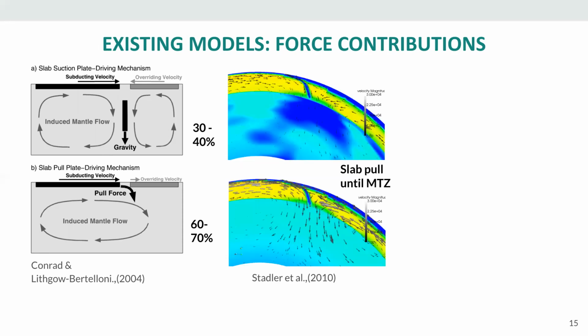But another study by Stadler in 2010 suggests that the lower mantle doesn't play as much of a role, and most of the surface plate motions can be explained by just using slab pull at the mantle transition zone. The reasoning is that the model near the surface is better than the global tomography model, because global tomography models are usually diffused.